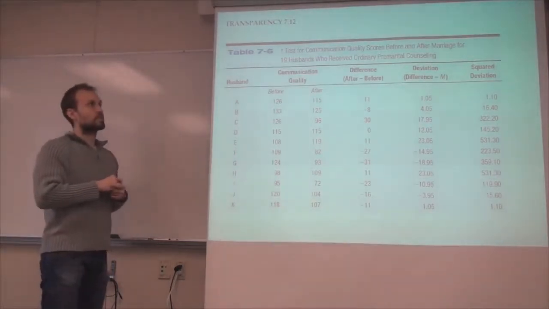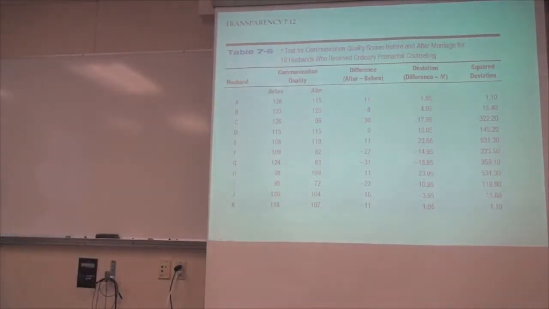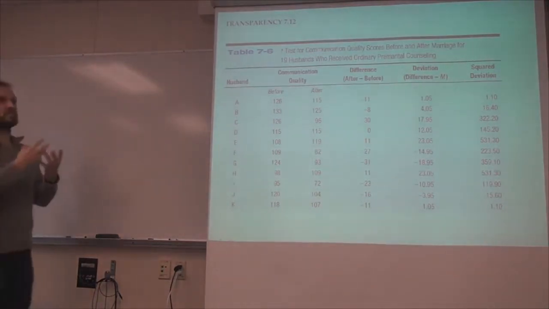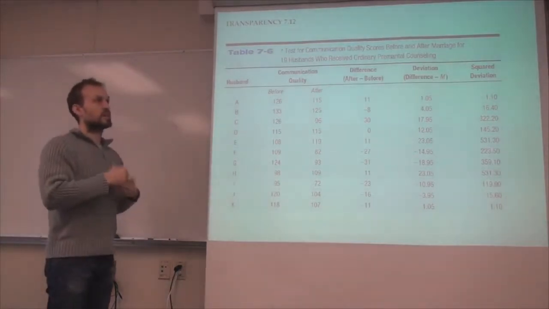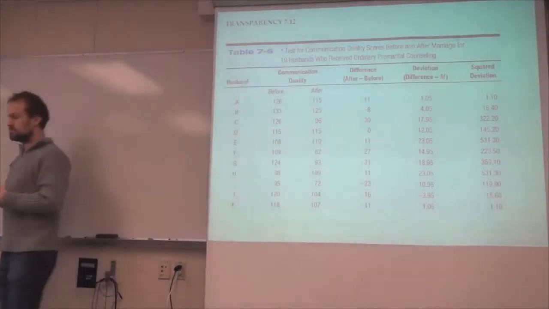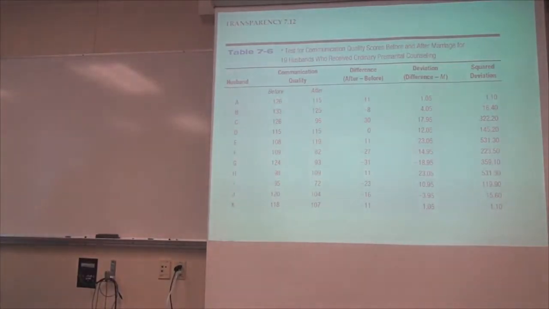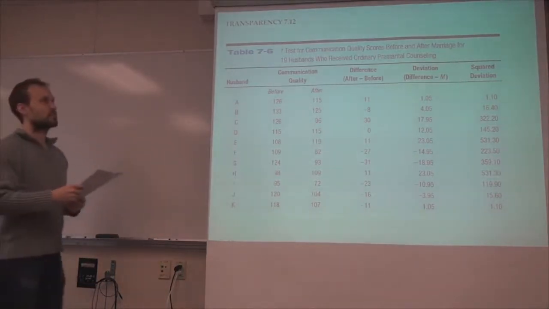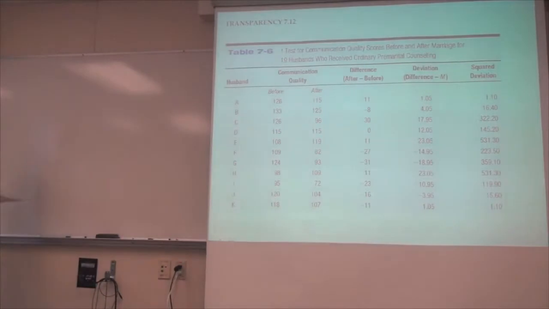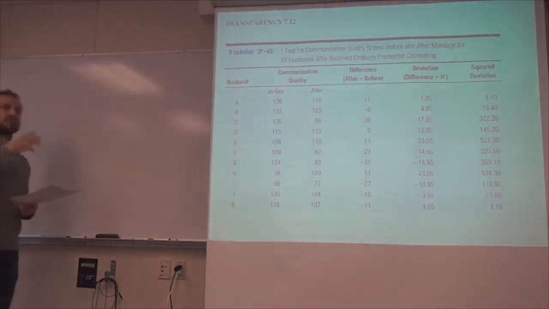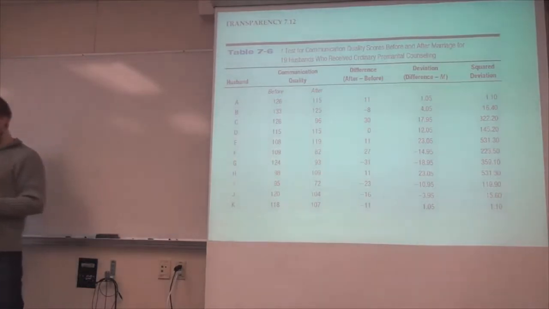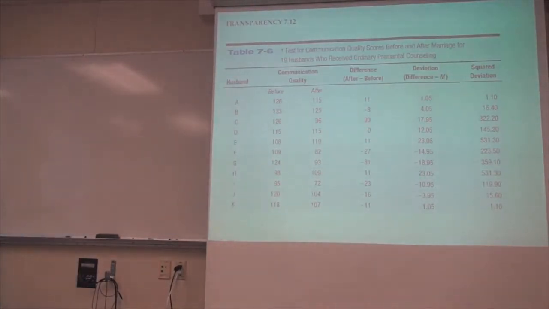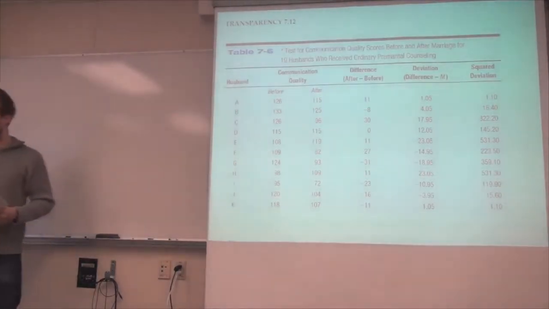Now, because the people are the same in both situations, they're dependent on each other. The means depend on each other in some way. It's not completely separate, it's the same group of people. So we also call that repeated measures design, where I'm repeating the same group, measuring them again before and after the treatment, or within subjects design, when the same people are tested twice, before and after some sort of procedure.